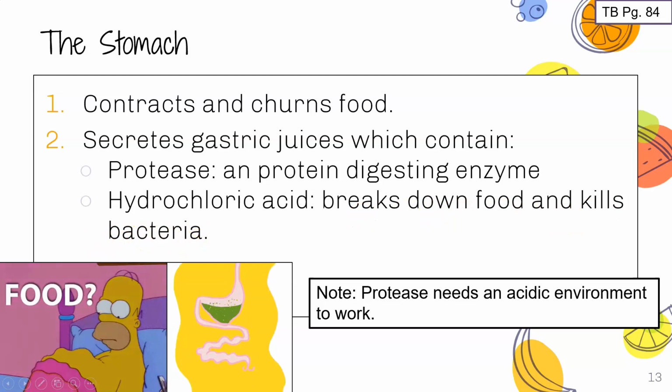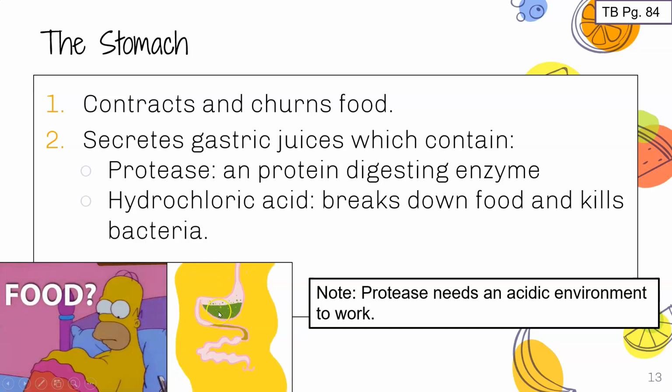Okay, so let's look at Homer Simpson over here. When Homer just ate, his food is being contracted and churned inside the stomach. So this part is physical digestion. It's just moving the food around. But on the other hand, we also have gastric juices.